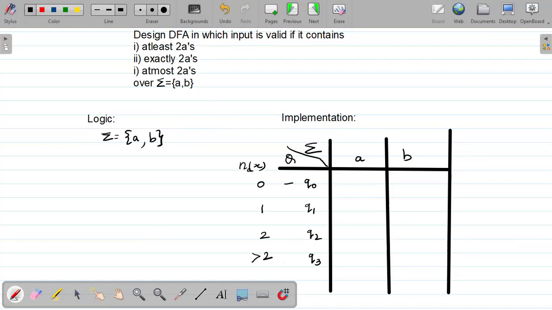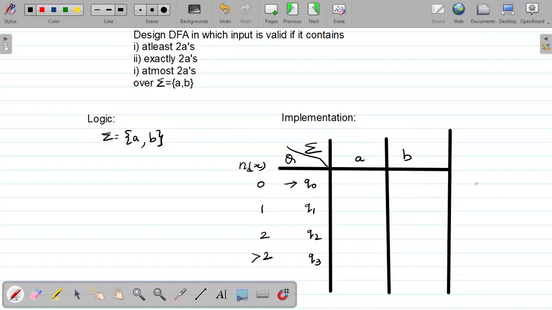So Q0 is the start state indicating the number of a's is 0, Q1 indicates 1, and Q2 indicates 2. Now the table, the state versus the input.